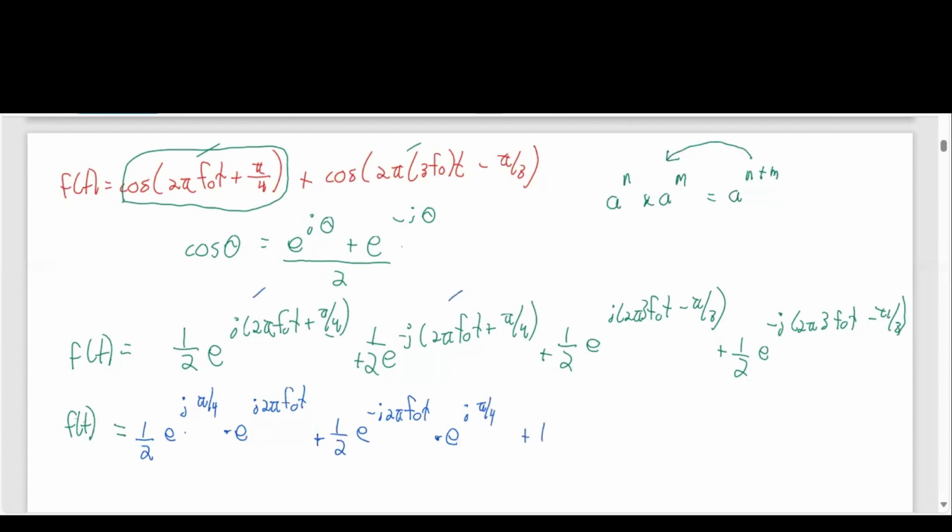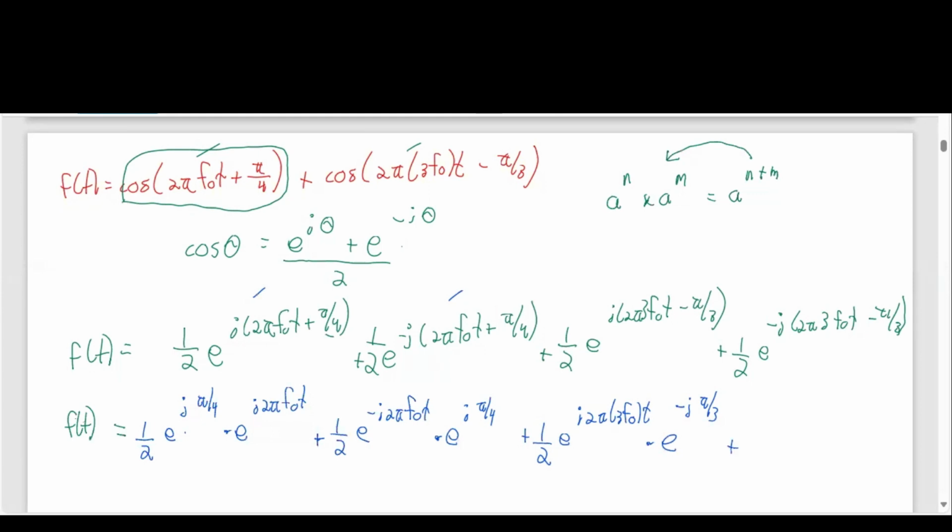So you continue, plus a half e^(j2π3f0t) and then e^(j, you say minus π/3, because the angle itself was minus.